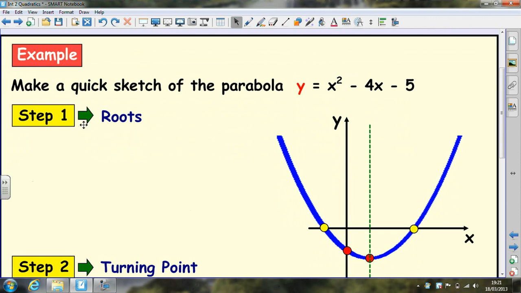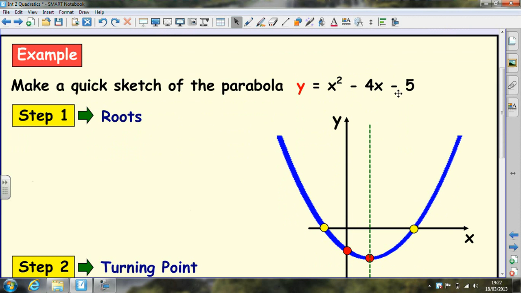So the first parts we're going to look at here are the roots. That's this yellow dot here and this yellow dot here, where the parabola cuts the x-axis. Now there's a few ways to work these out. The first way is to factorise this part of the equation.